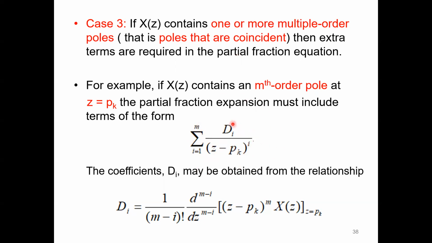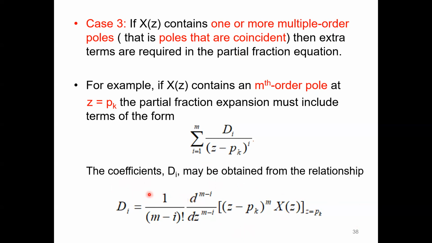So when they're repeating, for each term you get a coefficient d1, d2, d3, and so on. So these coefficients are calculated using this equation, right? Kind of lengthy, but you don't have to worry.